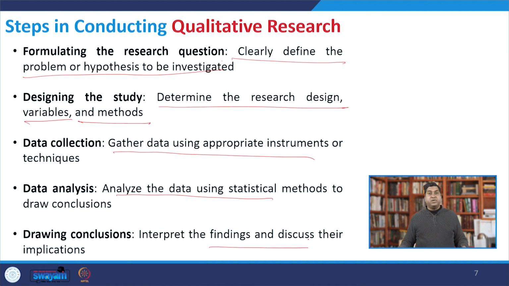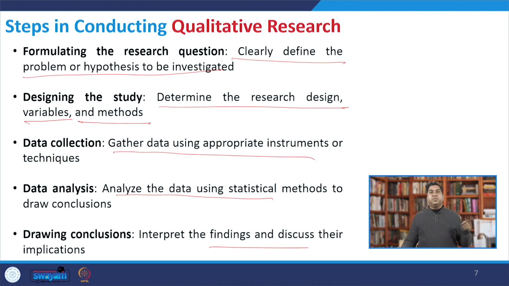and discuss their implications. Because the subjectivity is greater in qualitative research, the chances of having bias at the researcher end, at the participant end, and in the overall interpretation are high, so there is a certain risk of having biased results, because it all depends on interpretation.